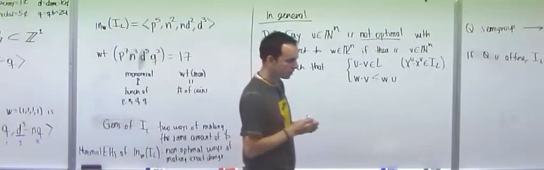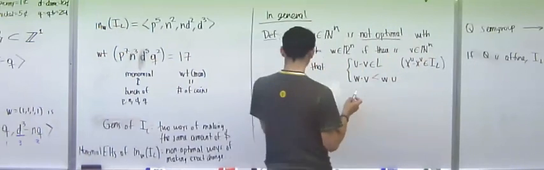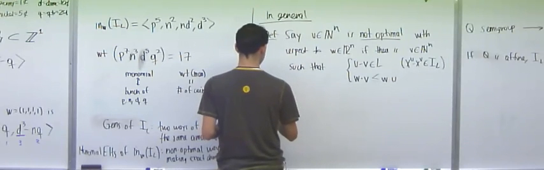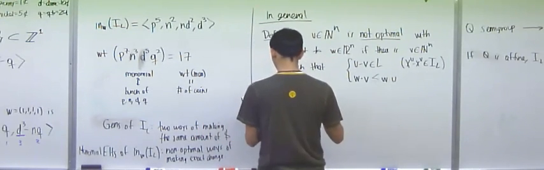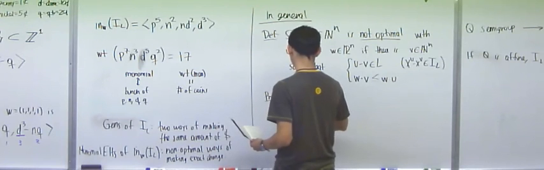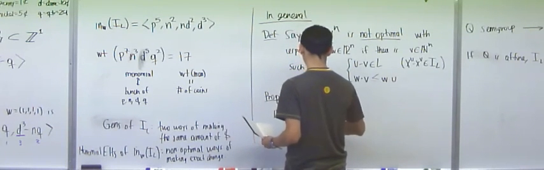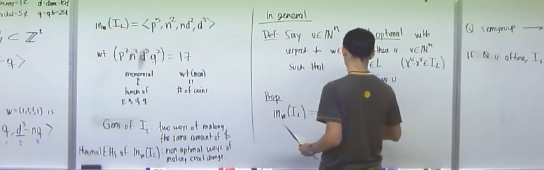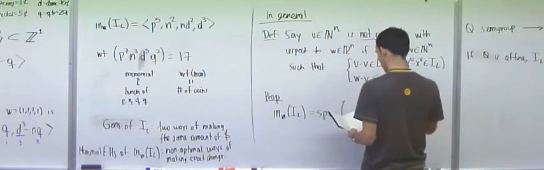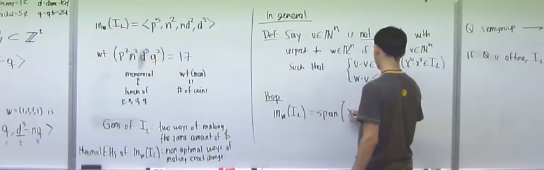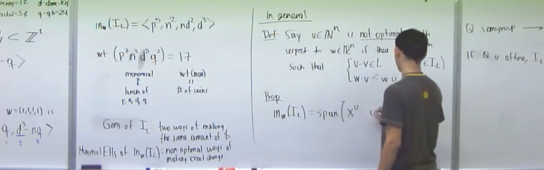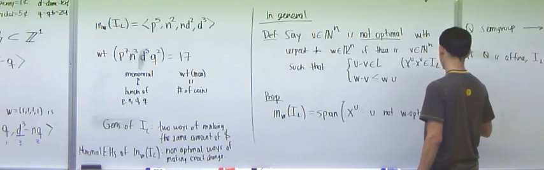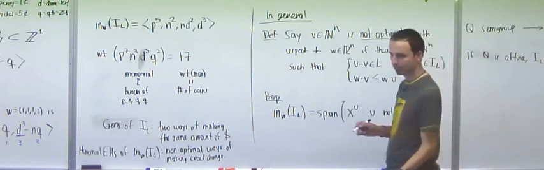And with this definition, I have a theorem which says that the initial ideal is just the span of the not optimal monomials.